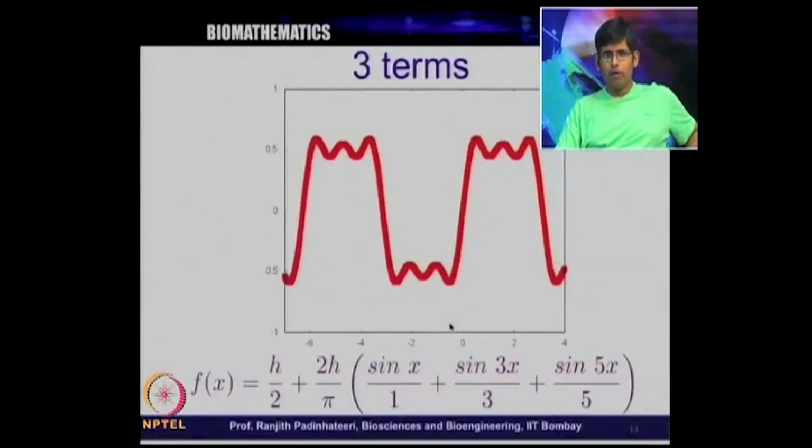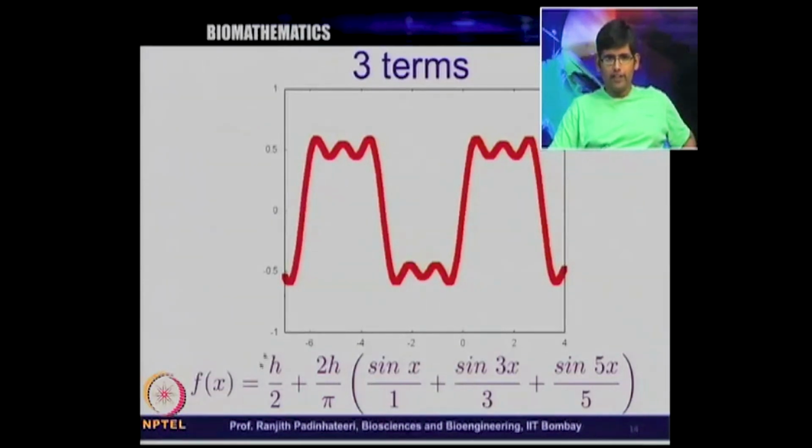Now, let us add one more term, 3 terms in the series. It is slightly better. As you can see, the shape of a square is just starting to come. Even after just 3 terms, you can see that the square begins to emerge, even though it is far from a square.